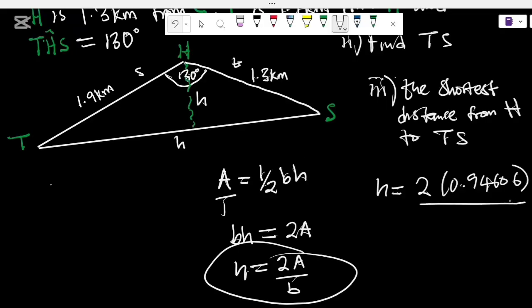And the base here, we need to take the entire distance TS for the base, because that is for the entire area. We've already discussed that this shortest distance is actually defining the entire area. So even when we are getting the base here, we need to get the entire distance here, which we found to be 2.91.